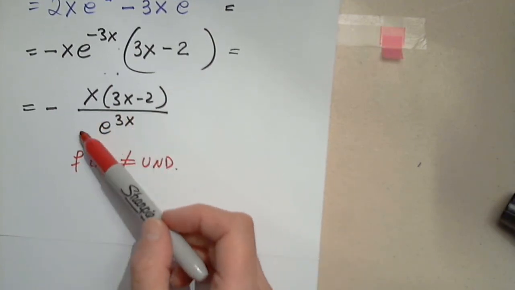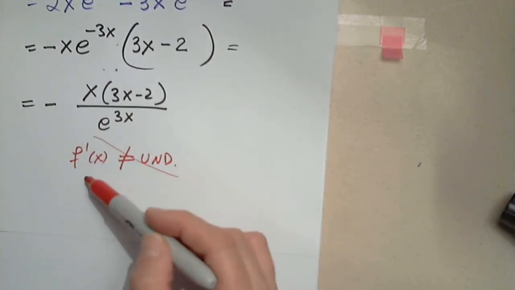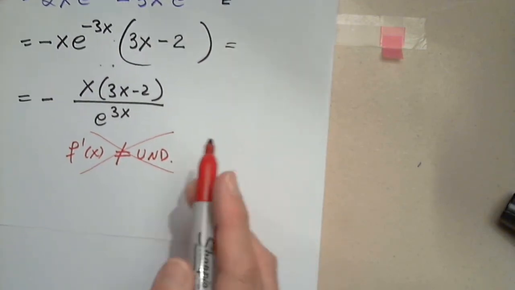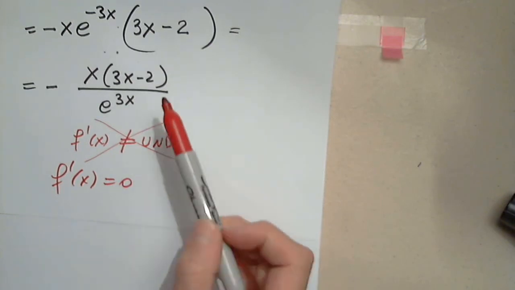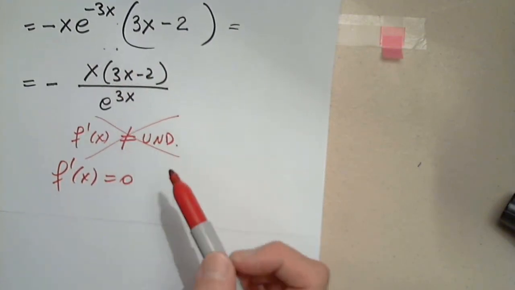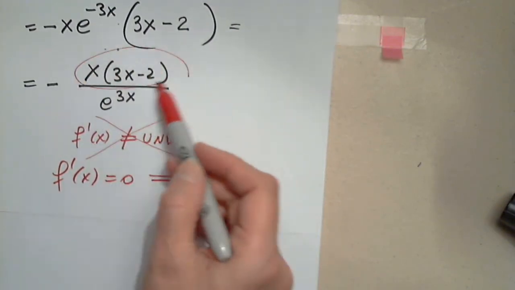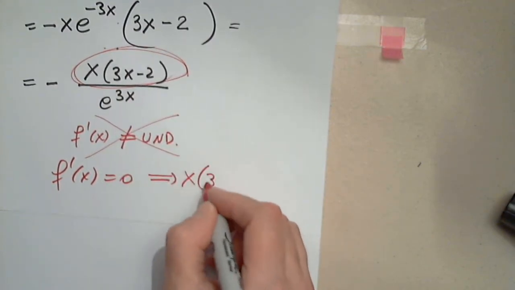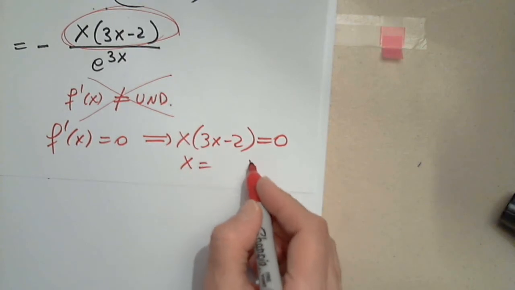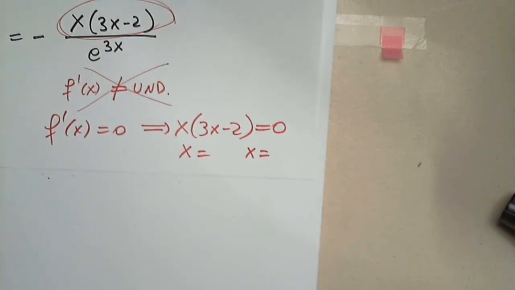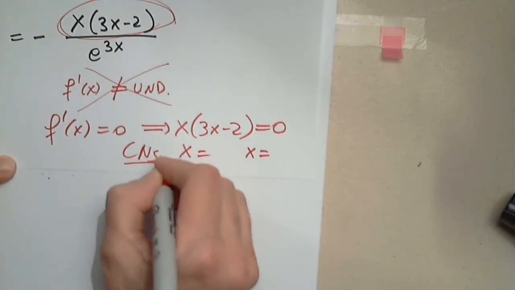This is never 0. No problems. So no critical numbers coming from this. But f prime of x being 0, yes, it's a fraction. A fraction is 0 only when the numerator is 0. And there are two possibilities for the numerator to be 0, and these are the critical numbers of the function.